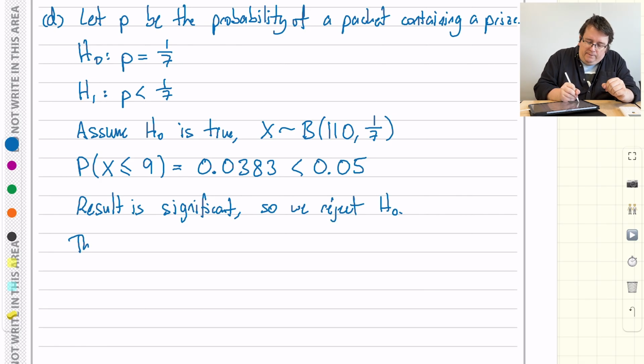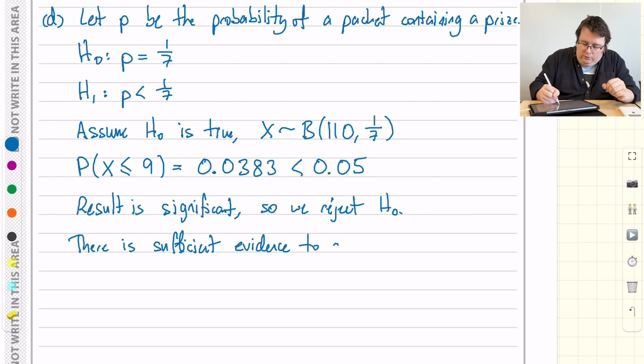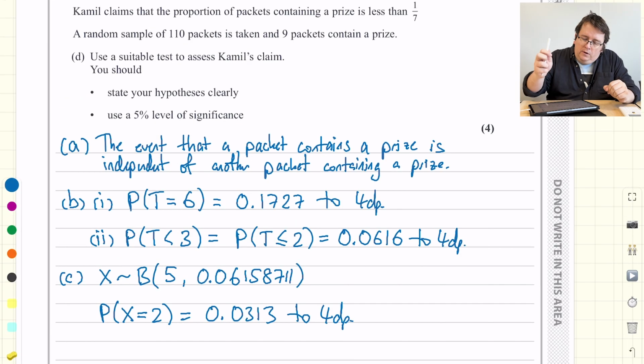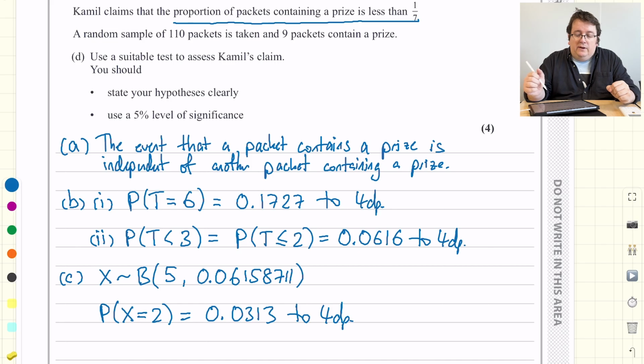And we can say there is sufficient evidence to suggest that, now, always check the wording here within the question. Camille claims that the proportion of packets containing a prize is less than 1/7. So there is sufficient evidence to suggest that the proportion of packets containing a prize is less than 1/7. So that's what I write down.